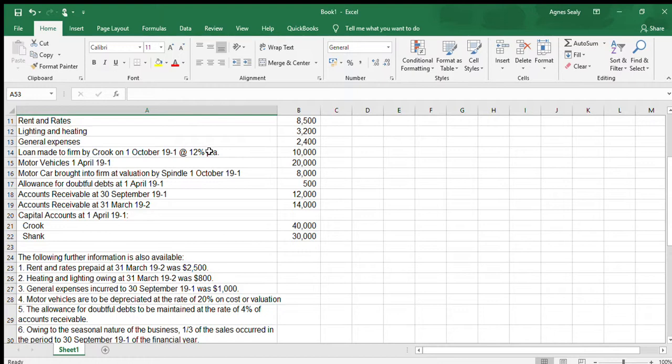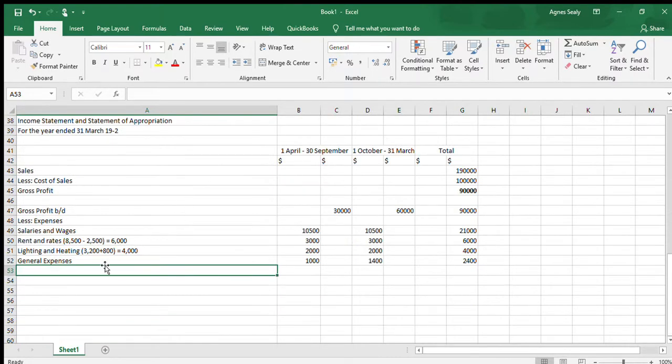So if you have a question and you were not given an interest rate, then you go according to the Partnership Act and you calculate the interest on the loan by the partner at 5% per annum. And this is the loan by the partner, not a loan from someone outside of the partnership.